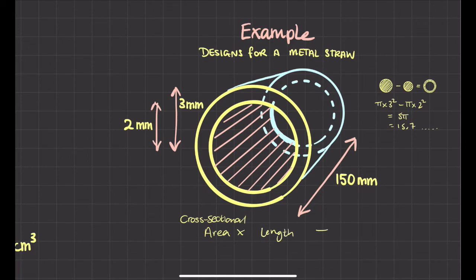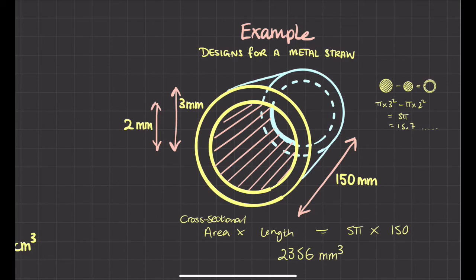So let's do that on my calculator. I'm doing 5 pi and multiplying that by 150. And what do we get? Let's see. I've got 2,356, and I'm rounding it here, millimetres cubed.